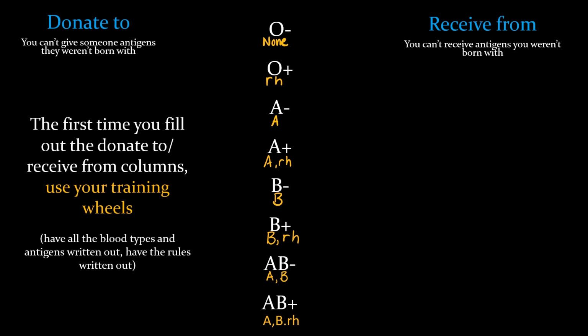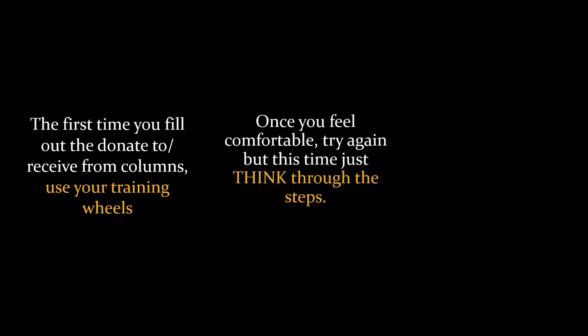Don't just go right for the answer, think through the logic of it. Then, once you're comfortable, try filling it out again, and this time just think through the steps. So you're still doing all the same stuff, it's just this time you're keeping the information in your head to think through it, rather than having some sort of visual cue to cue yourself through all the steps.